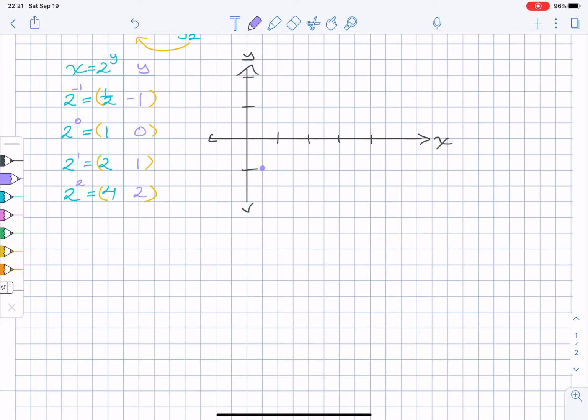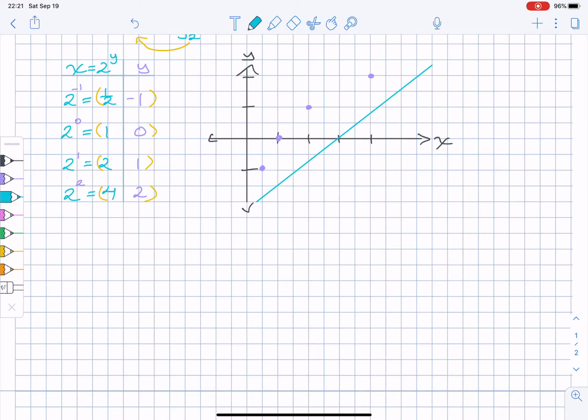The second point is at 1, comma, 0. The third point is at 2, comma, 1. And the fourth point is at 4, comma, 2. So what this looks like is something like so.